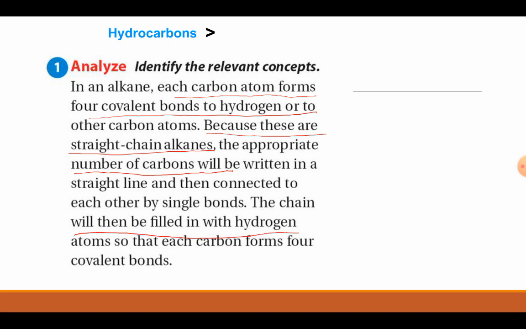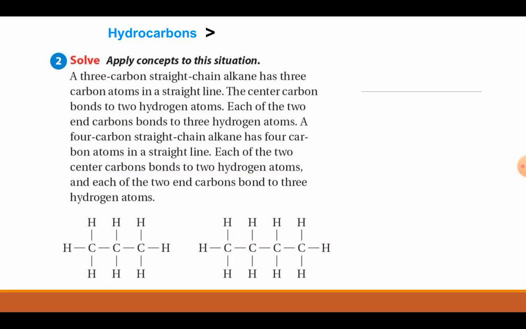So you write the carbons first. How many atoms? 3, for example. C, C, C, right? We made the chain. After that, you fill the bonds with hydrogen. As I said, the two sides need 3 hydrogens and the middle needs only 2. And we did the structural formula for 3 carbon atoms.